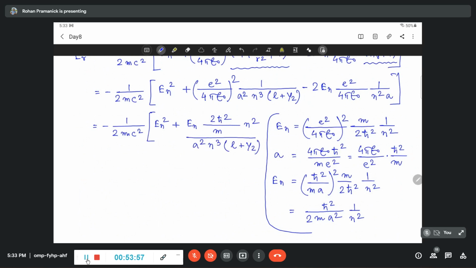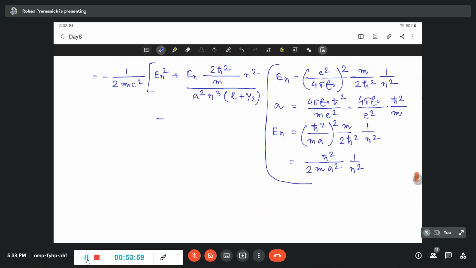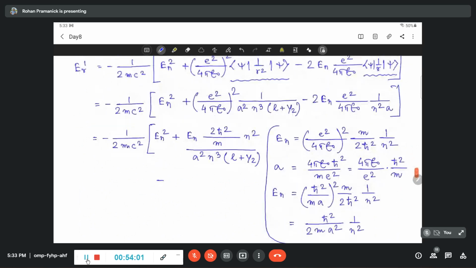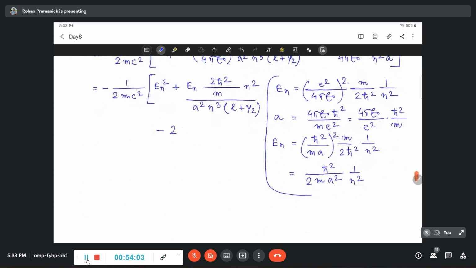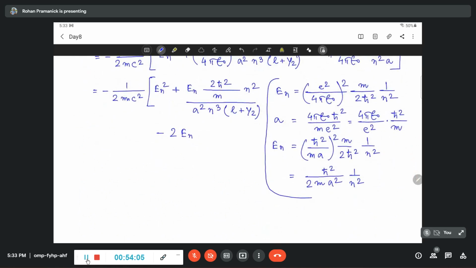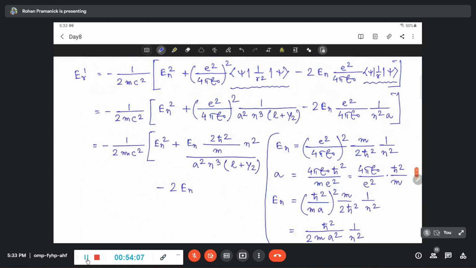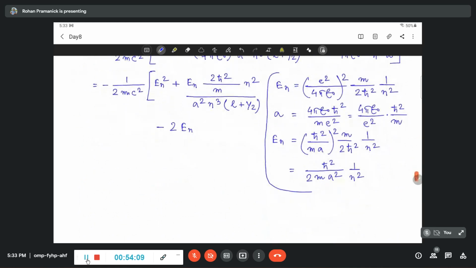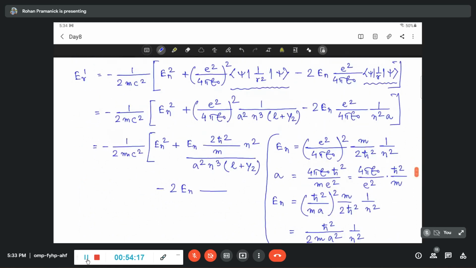Okay, and the second part is 2 n, e squared by 4 pi. So to replace this thing, e squared by 4 pi n squared e.